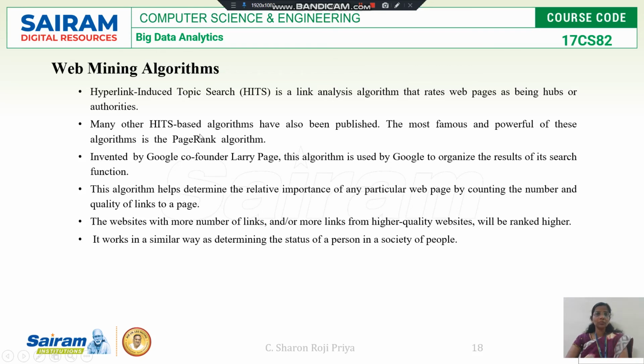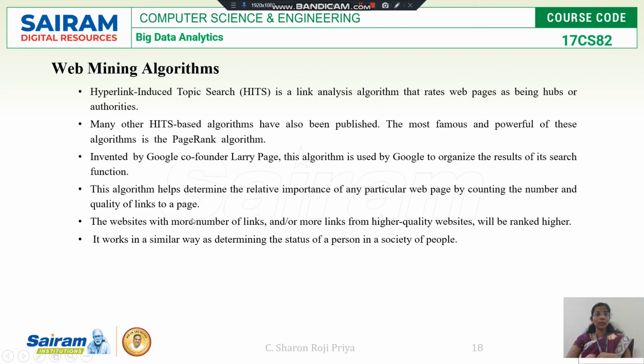And the most popular HITS based algorithm is the PageRank algorithm invented by Google co-founder Larry Page. This algorithm helps to determine the relative importance of a particular web page by counting the number of links and the quality of the links to a page.